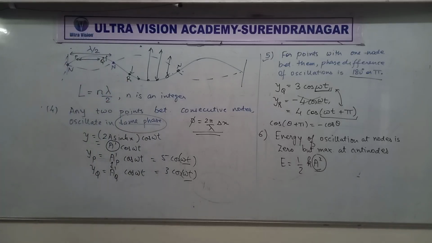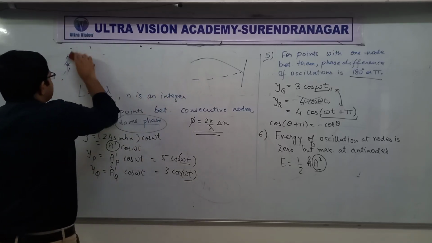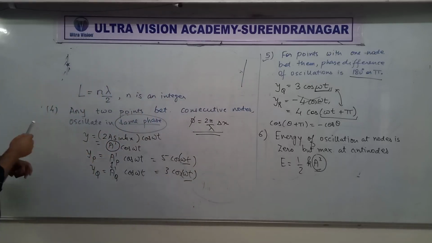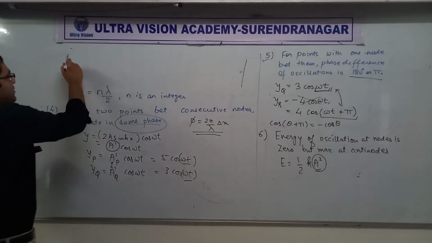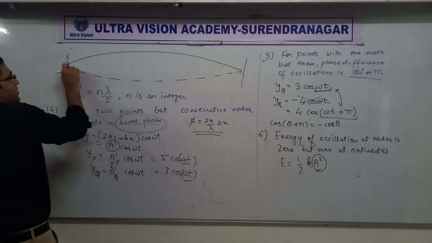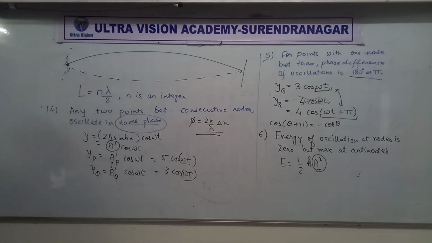But that's not it. What this means is, have a look here, everyone. Let's say I am drawing a simple case. It is equally applicable even in case of more loops. I am just drawing one right now. So let's say the string is vibrating or oscillating like this.